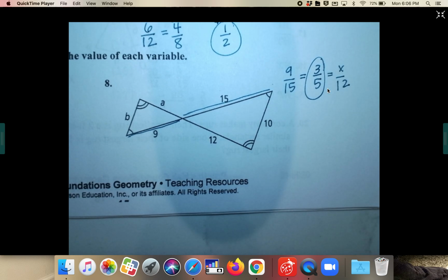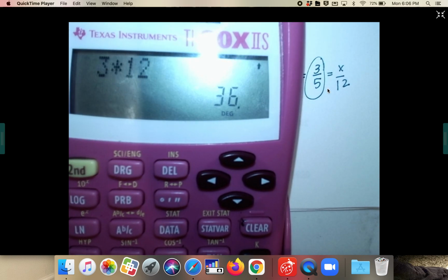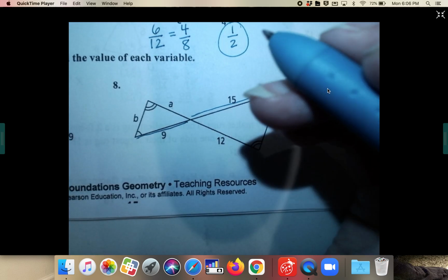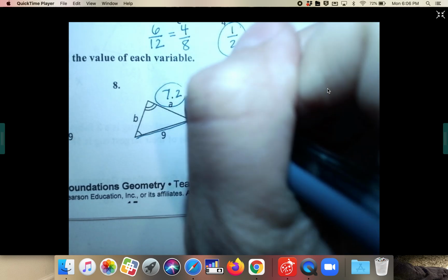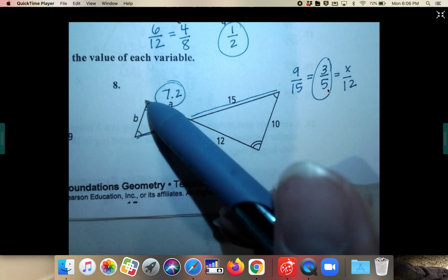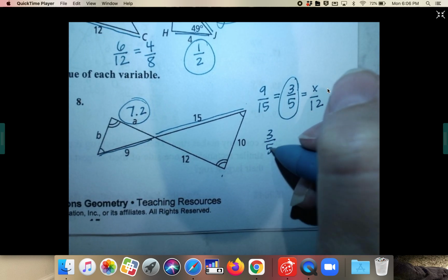So let's see, 3 times 12. It's just that it won't come out evenly, so I was second guessing myself. So 36 divided by 5 will not come out evenly, but it's close. 7.2, it's fine. 7.2 is A, and then for B, 3/5 equals B over 10.